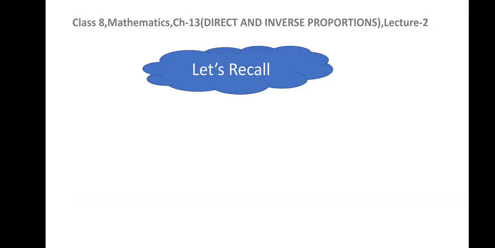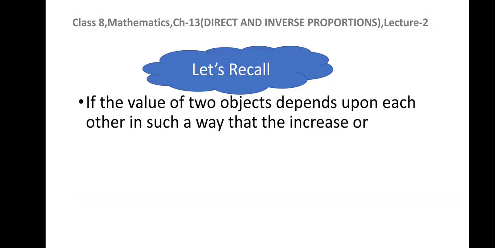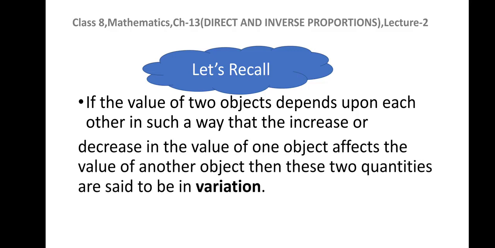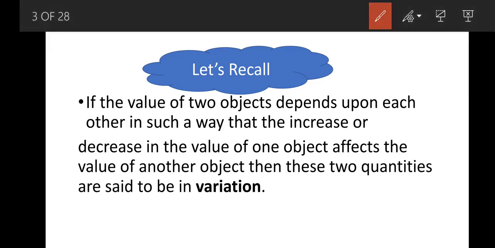So let us recall, if the value of two objects depends upon each other in such a way that increase or decrease in the value of one object affects the value of another object, then these two quantities are said to be in variation. As we have discussed various examples in the previous chapter, like if I need to purchase more pens, I need to pay more.